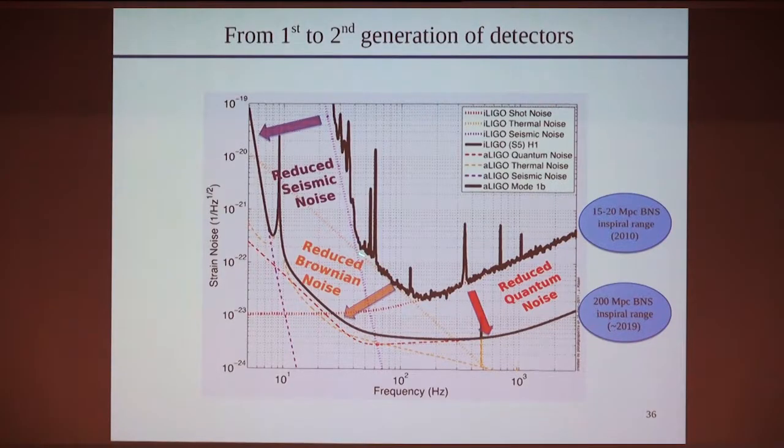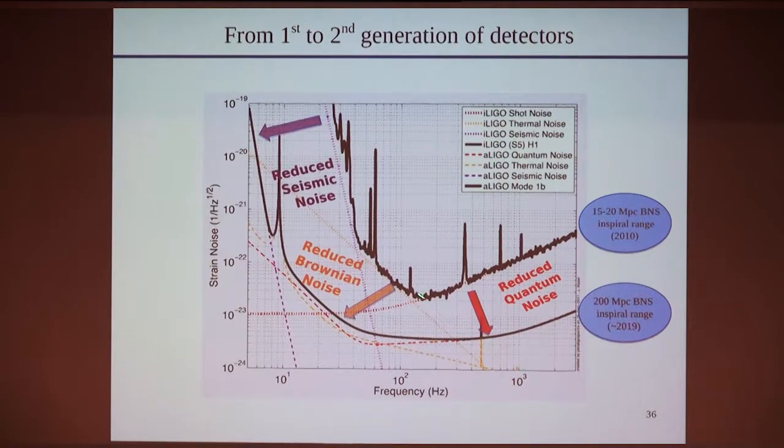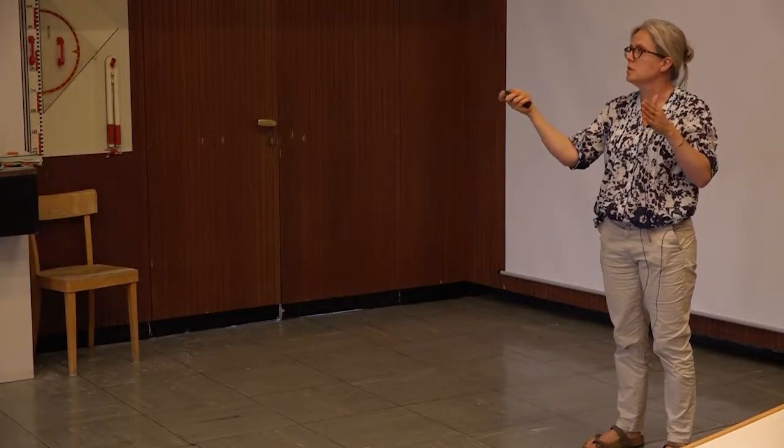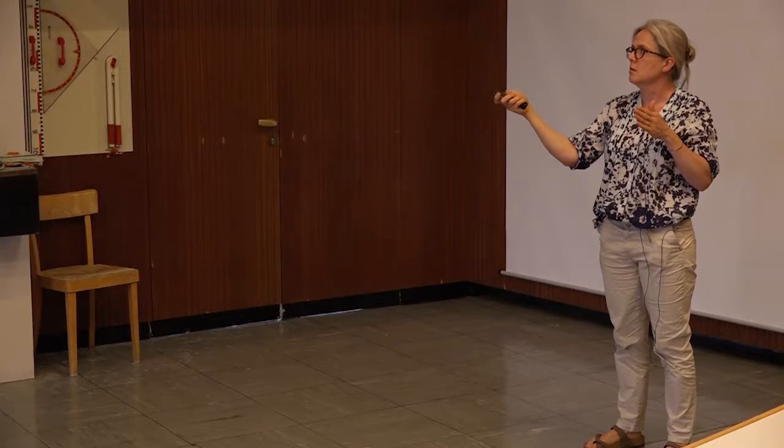The second part of the noise limitation was this one, and it was due to thermal noise, the agitation of the atoms in the mirrors. To reduce that, we changed all the mirrors. Especially the coating of the mirrors has been improved.